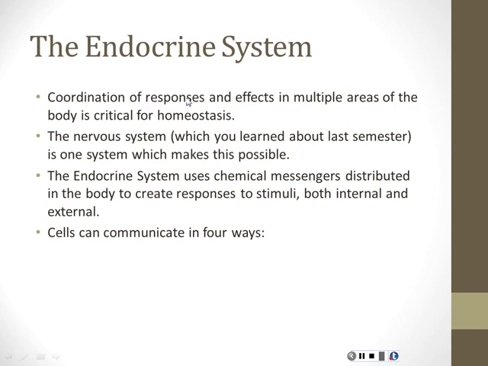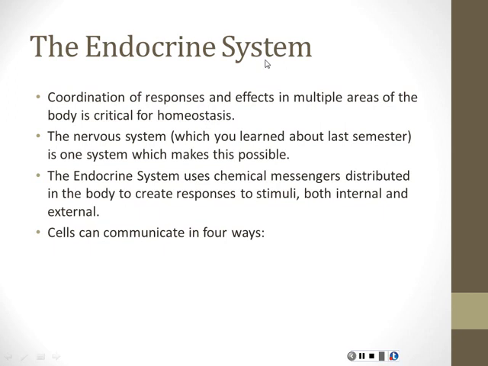Homeostasis is the body keeping itself alive, keeping itself stable, within its normal ranges. Well, in order to accomplish that, different parts of the body have to interact and they have to cooperate. So we have a nervous system and we have an endocrine system to allow for homeostasis so that one part of the body can affect another part of the body.